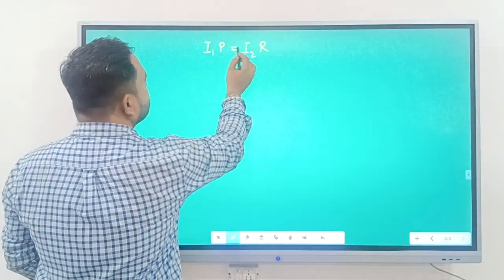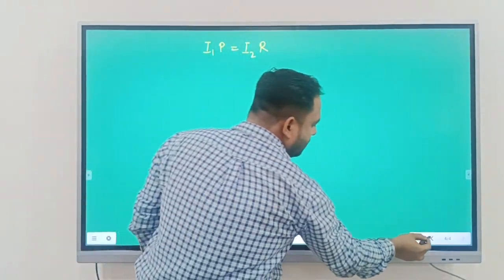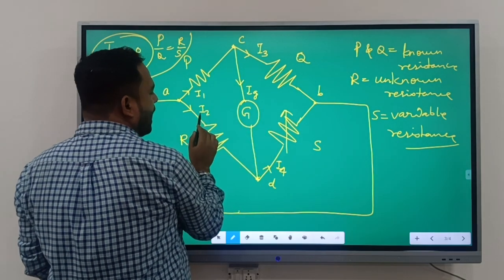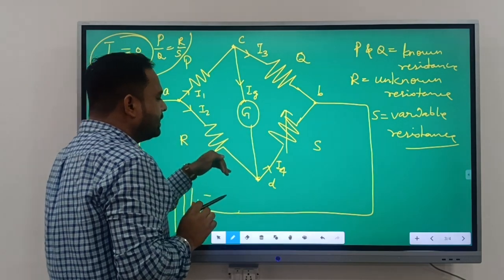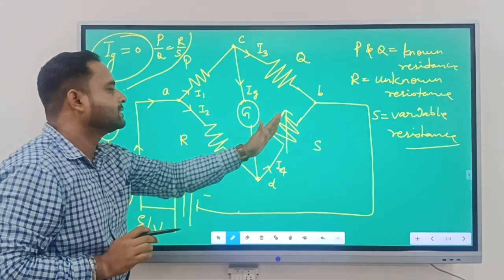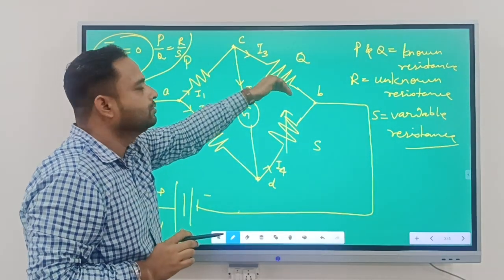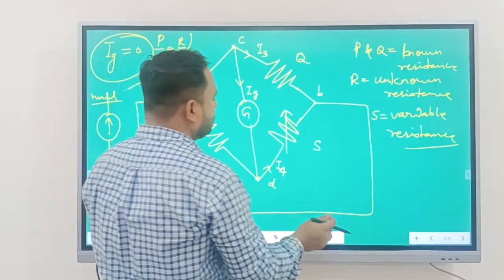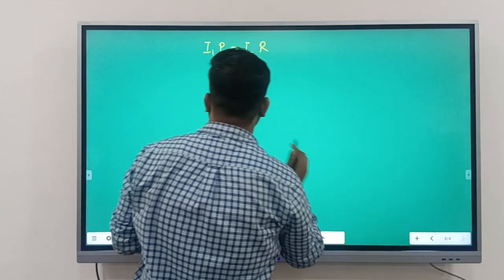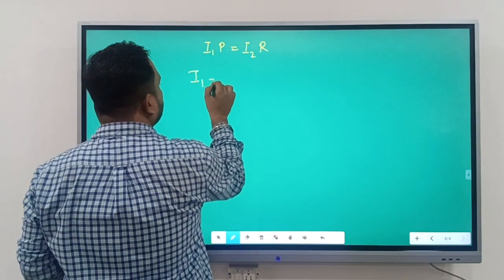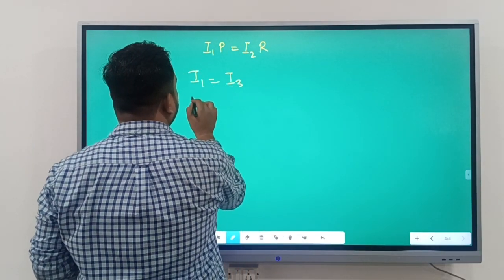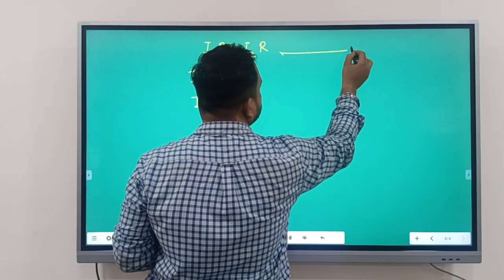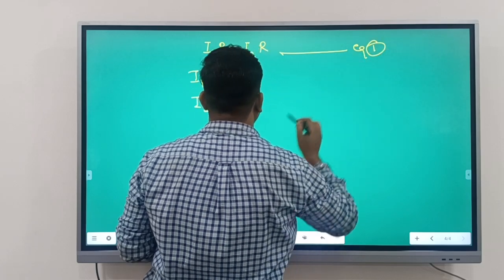Then I1 is equal to I3 and I2 is equal to I4, because the same current is flowing through this resistor and the same current is flowing through this resistor. This is equation number 1.